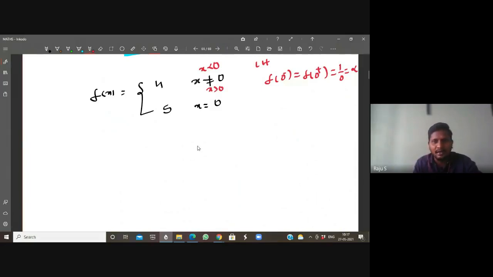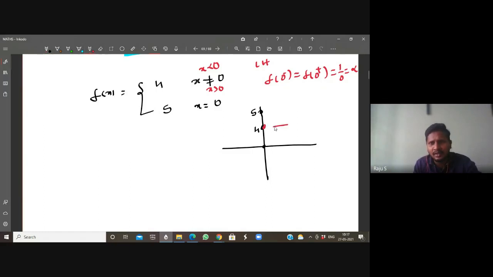If you see the graph of the function, with the x-axis and y-axis, for x greater than 0 the value is 4, and this is 5. Not only 0, you can take instead of 0 any of 1, 2, 3, or minus 1, minus 2, minus 3, your wish. I defined it like this.